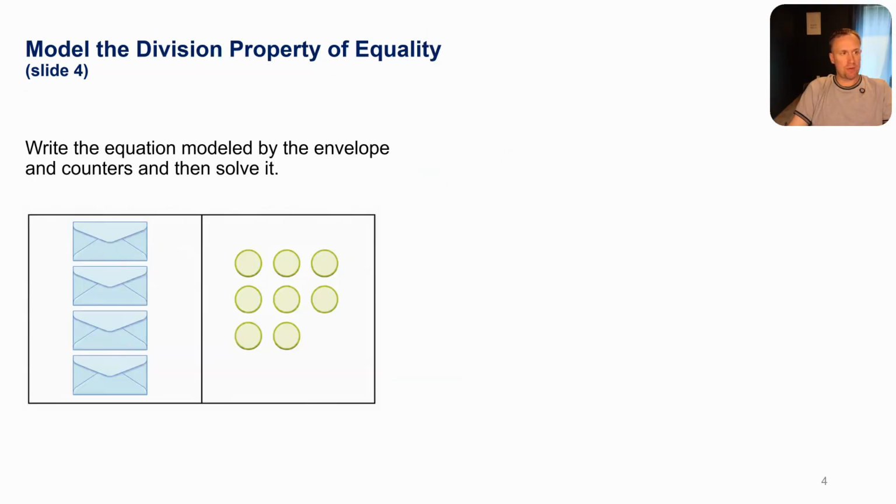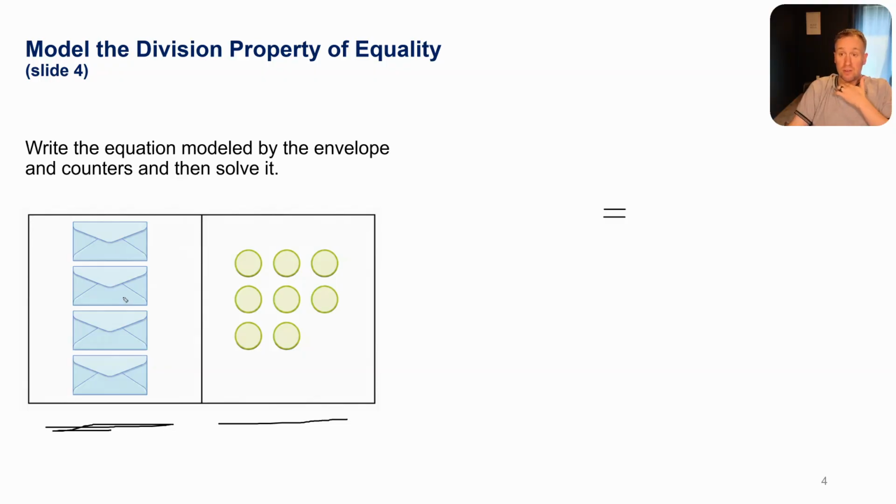Now let's look at a problem that asks us to model the division property of equality, in which we're writing an equation that's modeled by envelopes and counters, and then we can solve that particular equation. Essentially this is showing a balanced scale, or equation, where on the left side of the equal sign are these envelopes, and on the right side are counters which represent specific quantities.